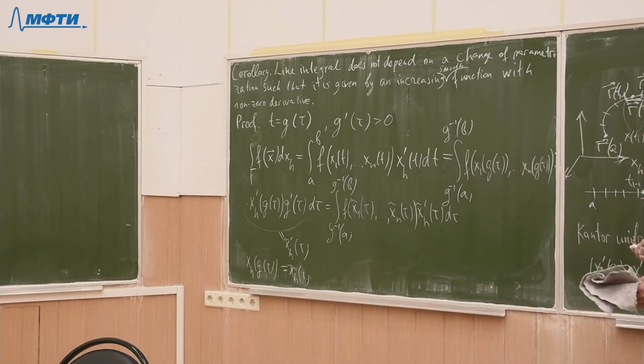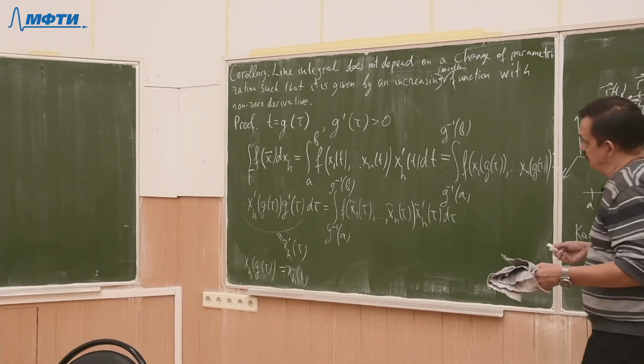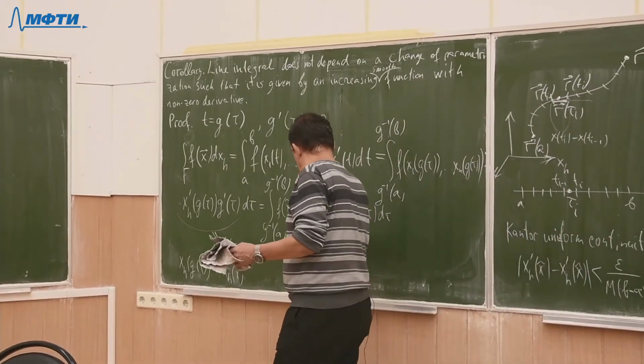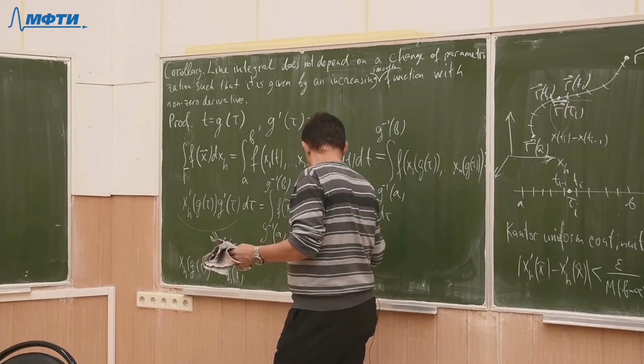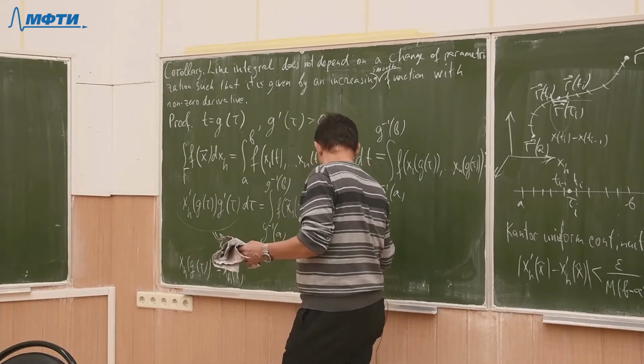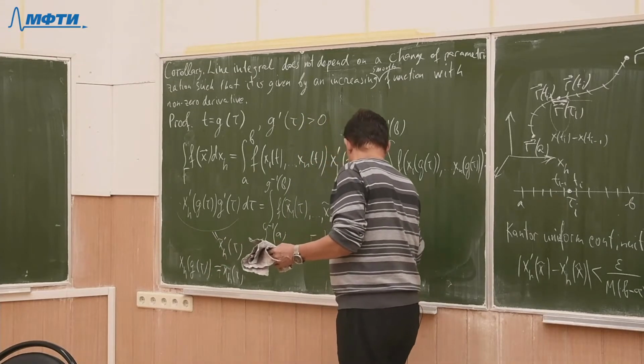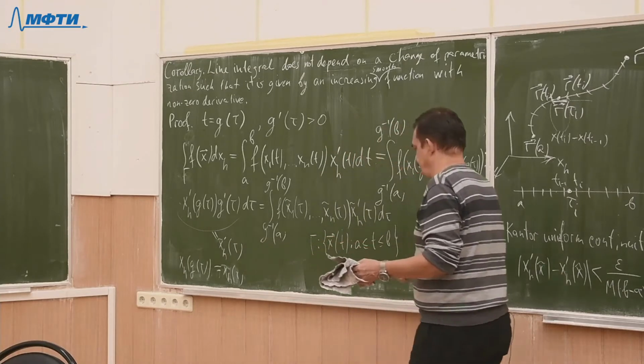And look, before we had our curve given by the equation x of t, where t varies between a and b.